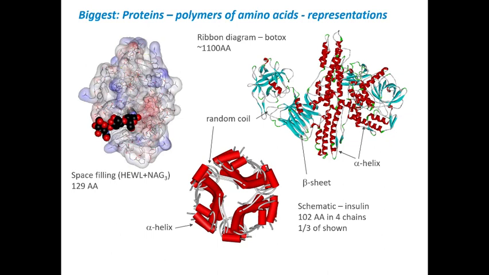This is sort of a space-filling model that shows the lumpiness of a protein. This one is a so-called ribbon diagram where you can actually see where the alpha helices are versus the beta sheets. And this is a rather big protein. And the other is actually this insulin structure that I worked on, where it's so-called schematic, where these little coils are replaced by sausages.